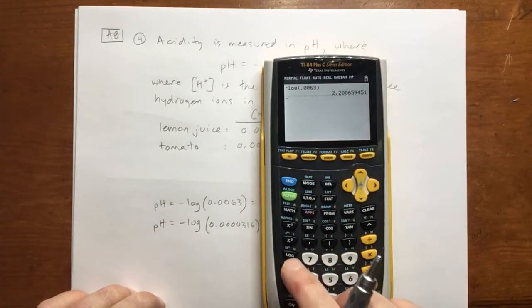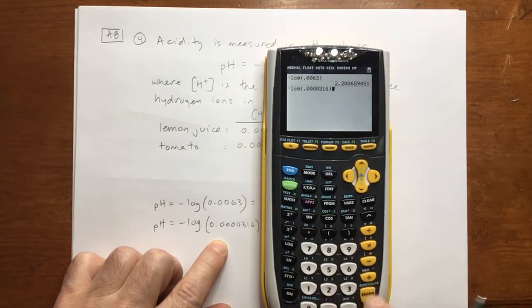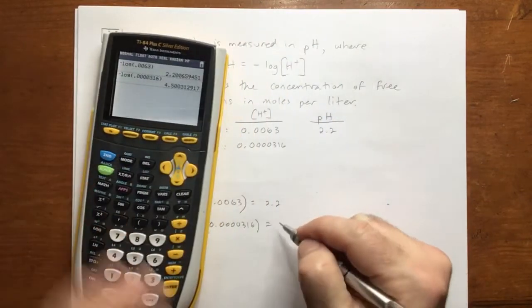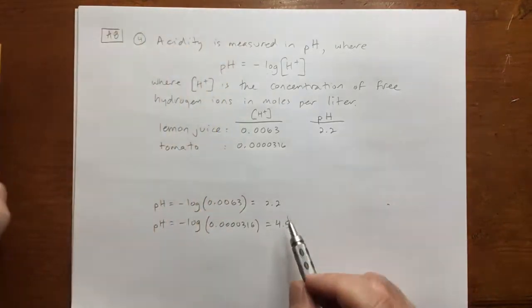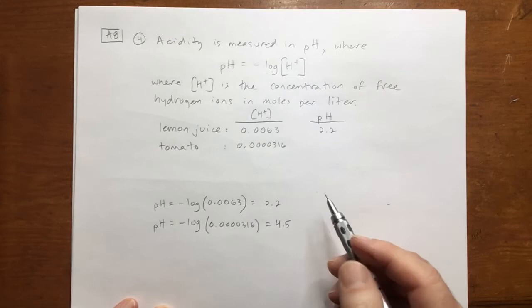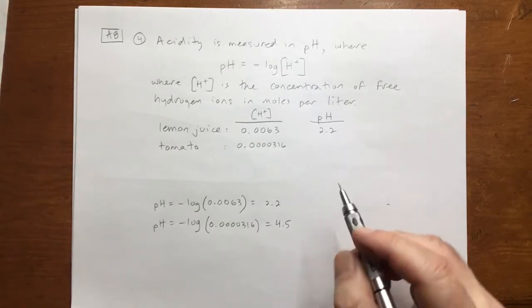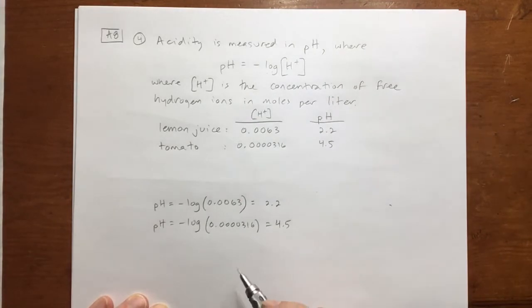So I have negative log of 0.0316, and I get 4.5. If you're getting answers that aren't somewhere around 0 to 14, you're probably doing something incorrect, so go ahead and check your work.